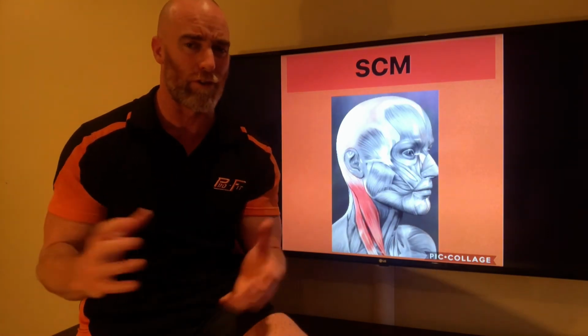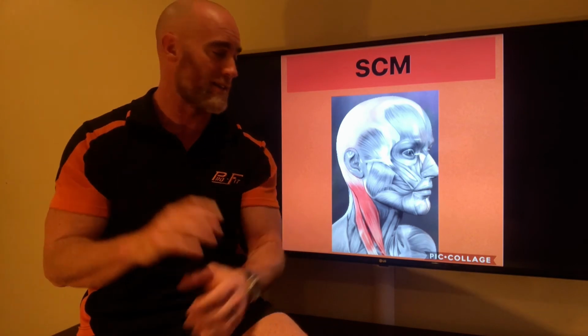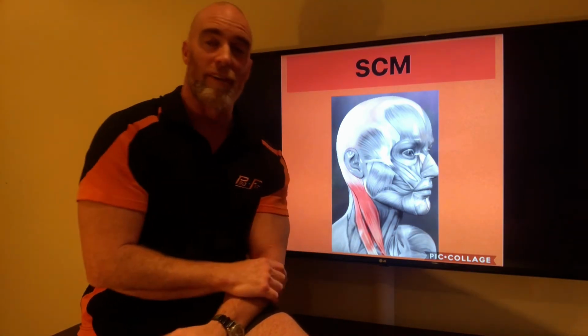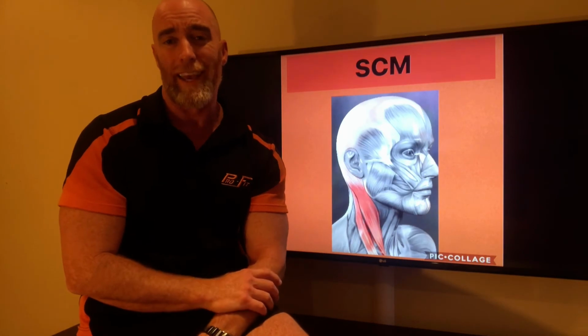To achieve that, a multitude of things have to come into place to make sure that it's not weak and it isn't overly tight. There are many ways of addressing this, but I wanted to introduce you to this guy because he is a major role player in managing your head alignment and your upper spinal posture.